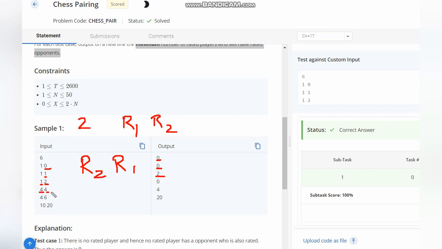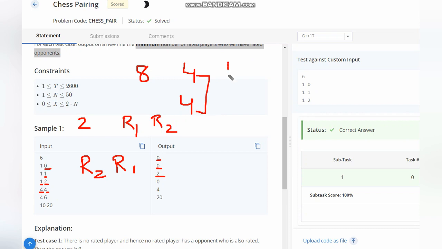Now we have 4, which means we have a total of 8 players, 4 are rated. So if 4 are rated, 4 are unrated. In this case, we have an equal number of rated and unrated players.